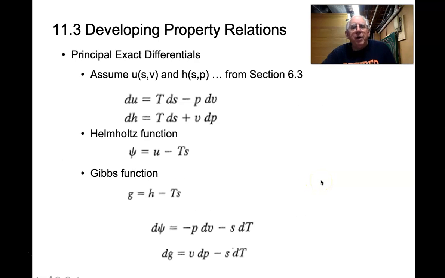And so in both those cases, if one said that the Helmholtz function was an exact differential, one can then take the total derivative of this function, and determine that it's related directly to the other properties.